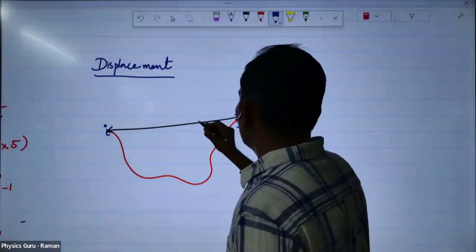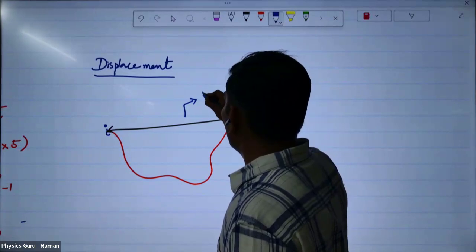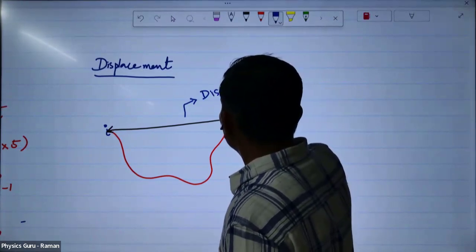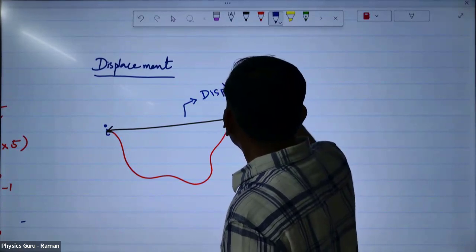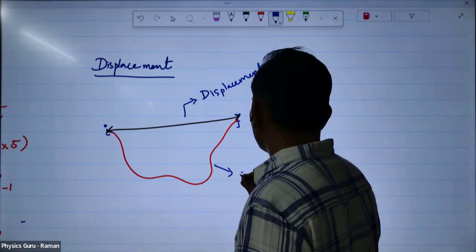Yes, sir. So here we write this as displacement and this as distance traveled.